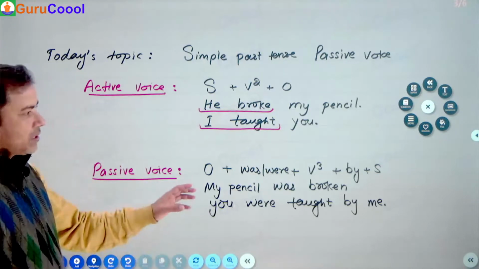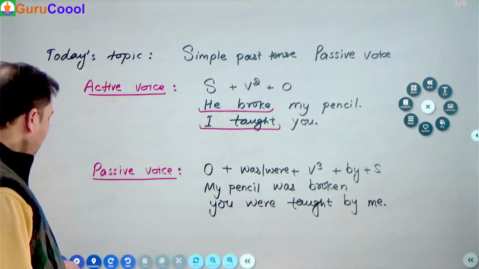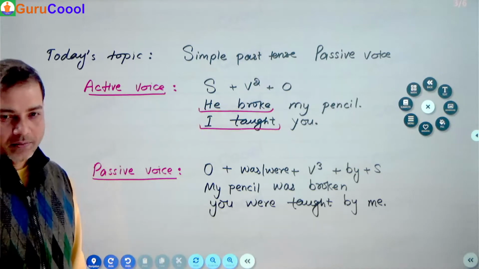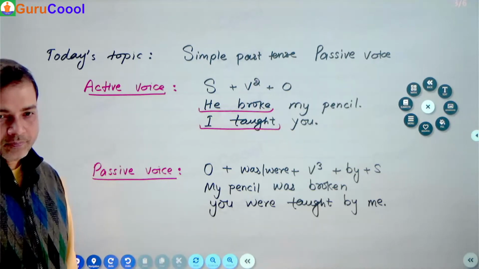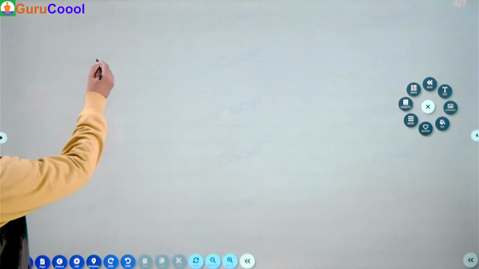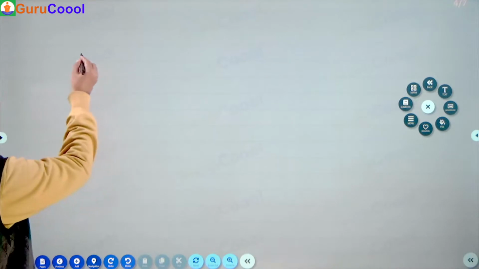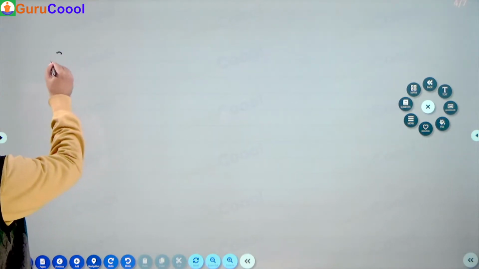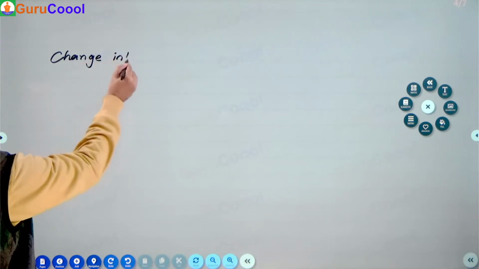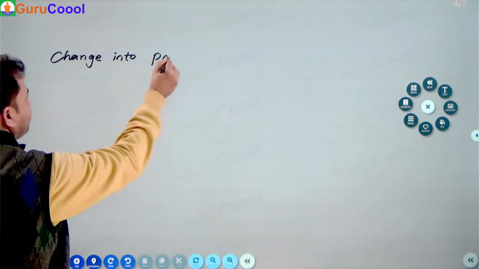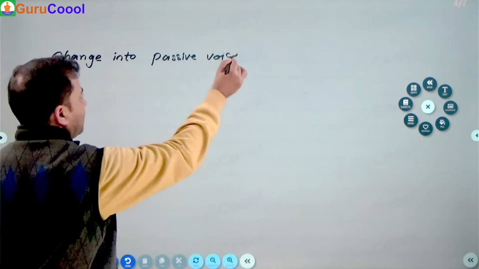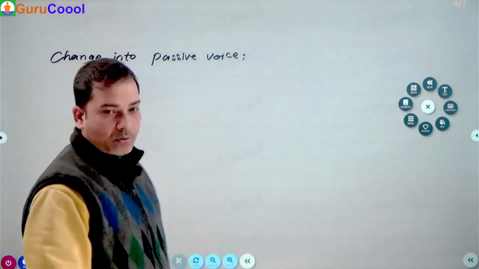Okay, I hope this example has made sense to you. So let's move on to some more examples if you are ready. Try to change these sentences into passive voice. Oh, I forgot something to tell you.